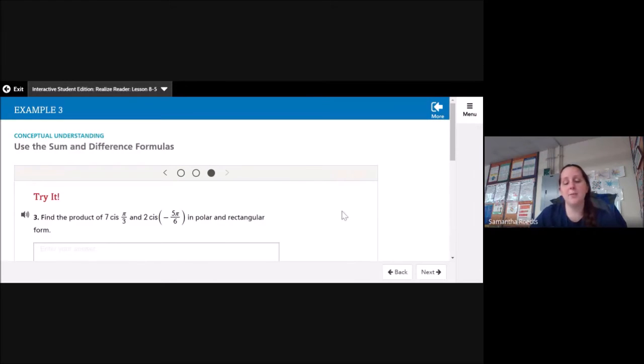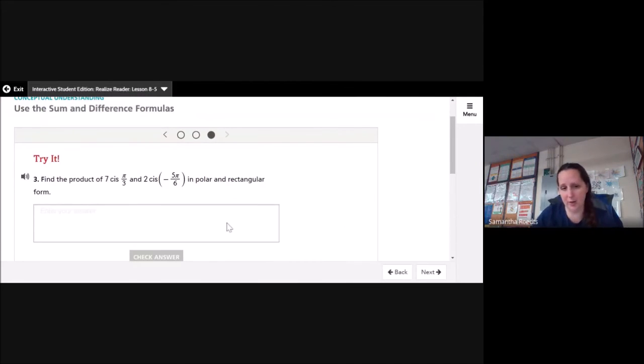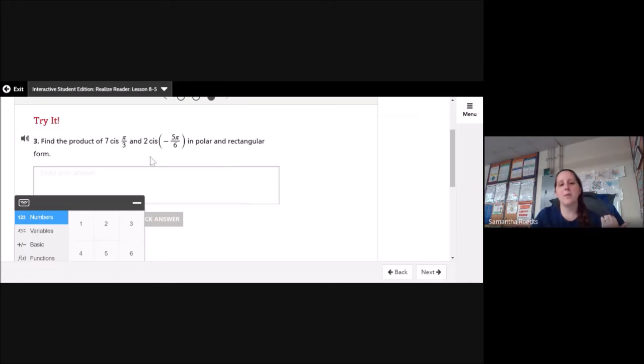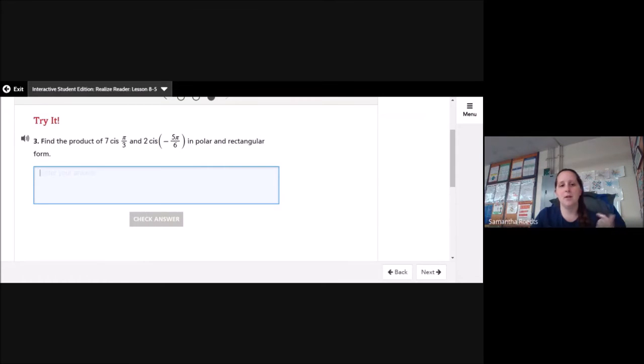All right, let's try it. Find the product of 7 cis pi over 3 and 2 cis negative 5 pi over 6 in polar and rectangular form. The first thing I want to do is apply what I just learned. So I'm going to do 7 times 2, which equals 14, and then pi over 3 plus negative 5 pi over 6.